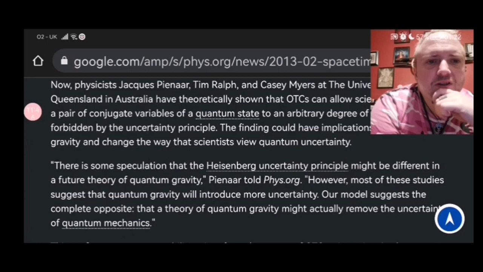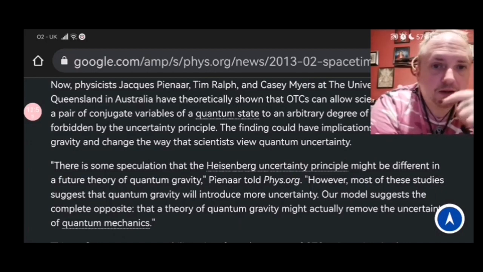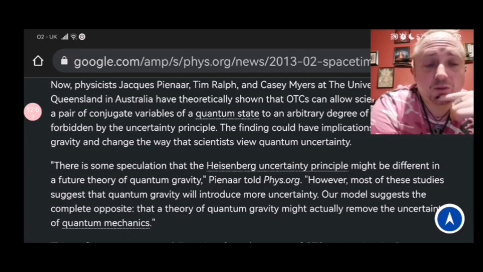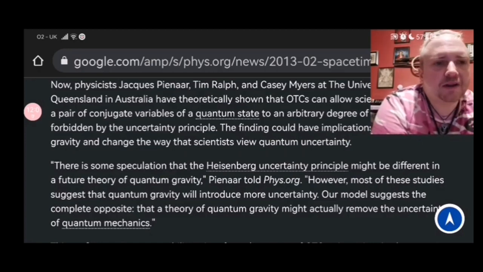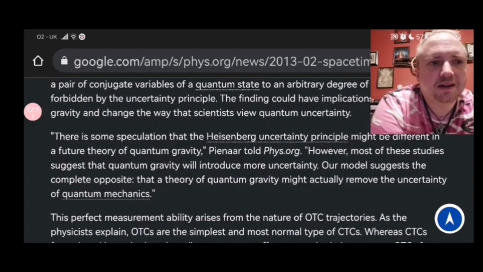There is some speculation that the Heisenberg uncertainty principle might be different in a future theory of quantum gravity, Pignard told phys.org. However, most of these studies suggest that quantum gravity will introduce more uncertainty. Our model suggests the complete opposite, that a theory of quantum gravity might actually remove the uncertainty of quantum mechanics.